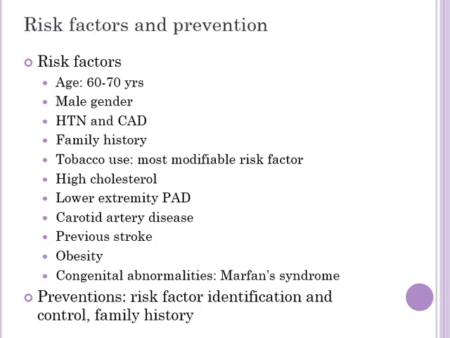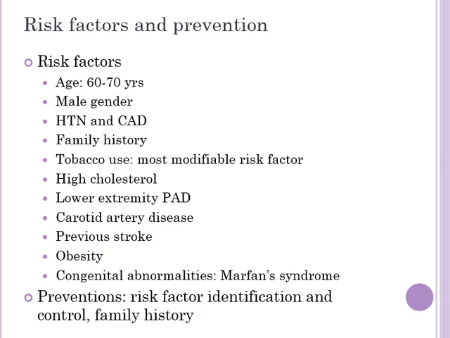All right, so let's talk about risk factors and prevention because this piece is important. So risk factors, it's a lot of cardiovascular risk factors. We do have things that would be considered modifiable and things that are not modifiable. So it does occur later in life, 60 to 70 years, and is more common in men. Doesn't mean that women don't get it, just more common in men. Certainly if you have hypertension and CAD, or a family history of aneurysms.